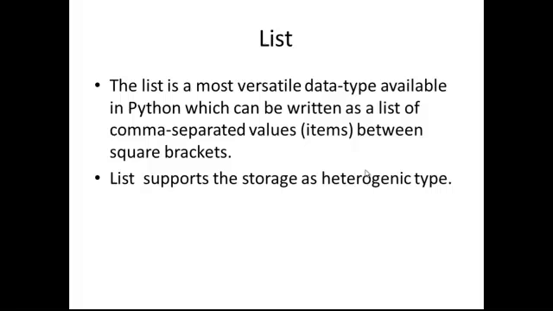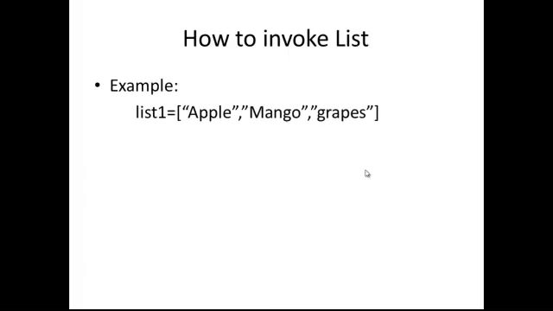A list can hold heterogeneous data and supports manipulations like insert, delete, and search operations. How do we invoke a list? Let us see a list where I have passed elements such as apple, mango and grapes. At the same time, we can make a list of numerical elements also.